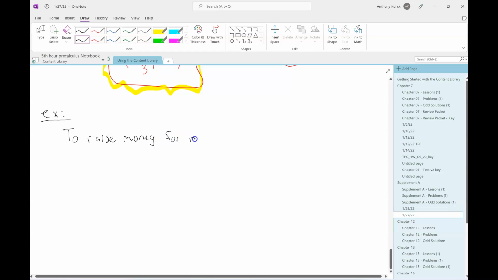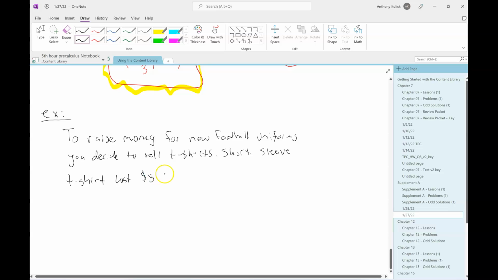So to raise money for new football uniforms, you decide to sell t-shirts. The short sleeve t-shirts cost $5 and you can sell them for $8.